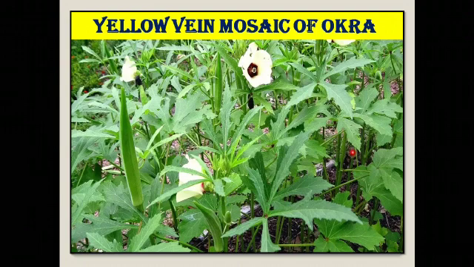Okay, so this disease is most commonly found in all the subtropical regions in the rainy season as well as the summer season. This means the infection is generally seen in kharif crops as well as summer crops.